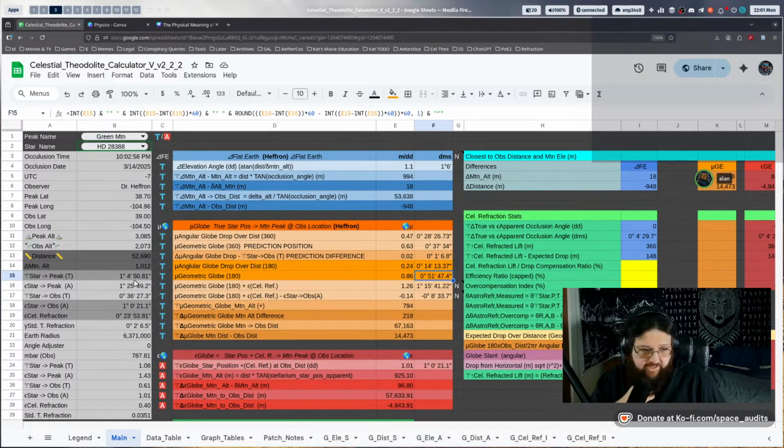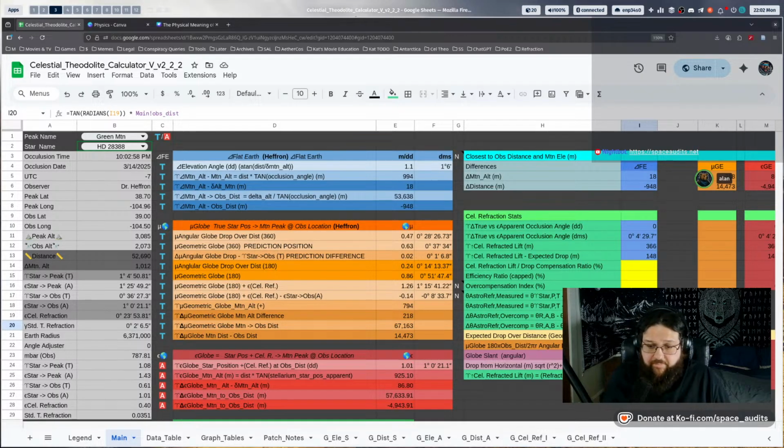And then the actual separation between prediction and measurement gives 1.9 arc minutes, which translates into 17 meters. And the 17 meters is less than the drop over distance, so we're good there. And the overcompensation of that comes out to be 22, which gives us a final total of 348 meters of refraction overcompensation.